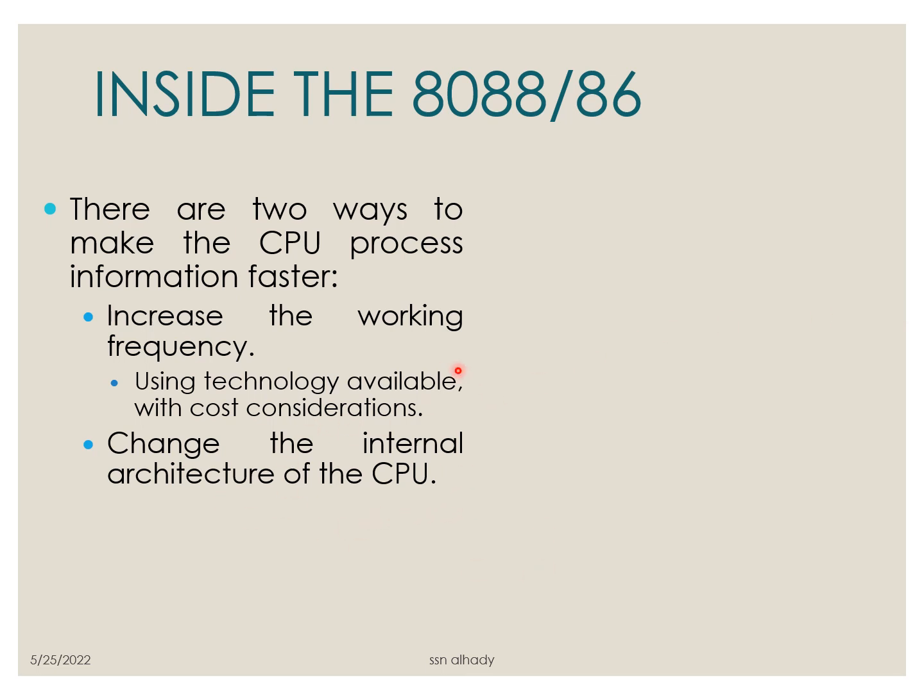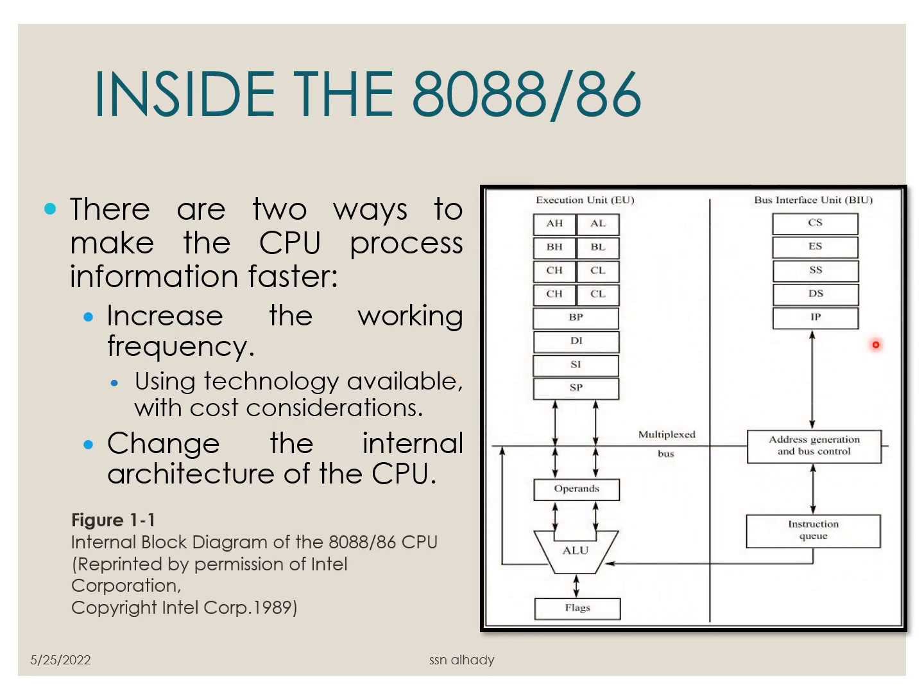So this is the one that changed from the previous one, 8085, to 8086. That has been done. Okay, if you look in here, this is the internal block diagram of 8088 or 8086.